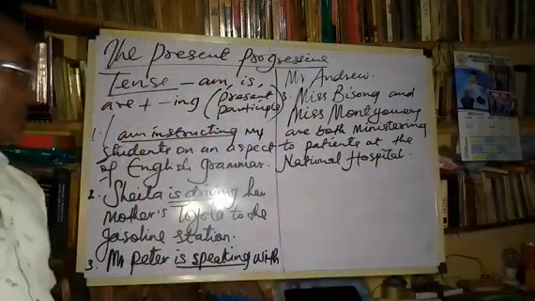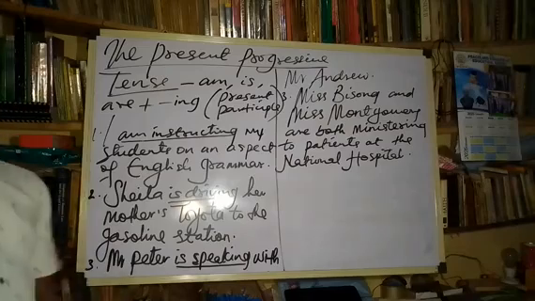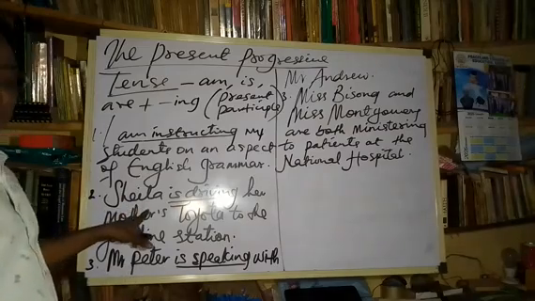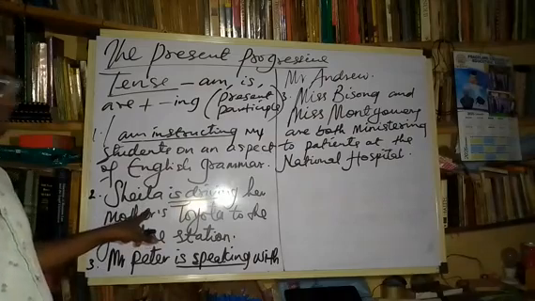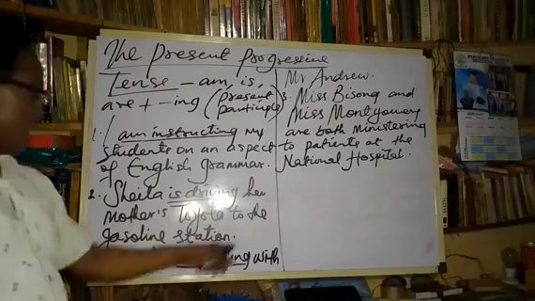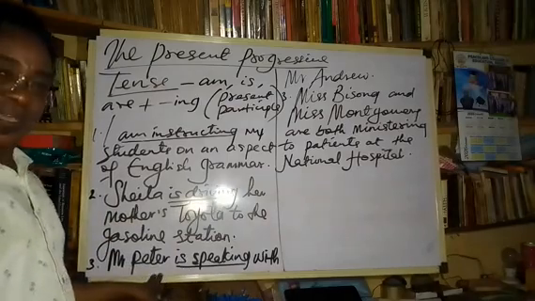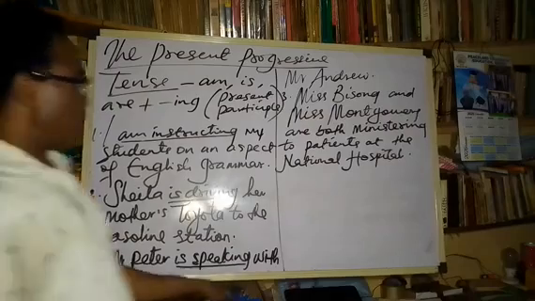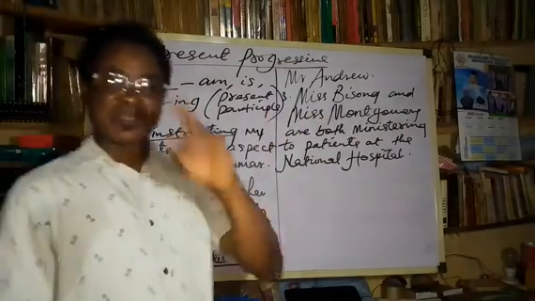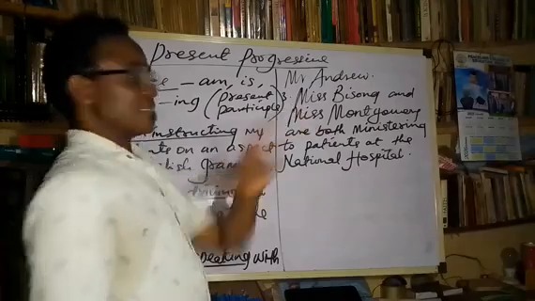So let's take a look at sentence 3. But before that, let's take a look again at 2. Number 2, Sheila, singular, is driving her mother's Toyota to the gasoline station. 3, Mr. Peter, singular, is speaking with Mr. Andrew. Singular means one, singular number. In number 3, there are 2 people.